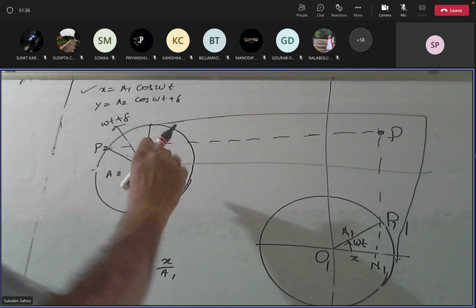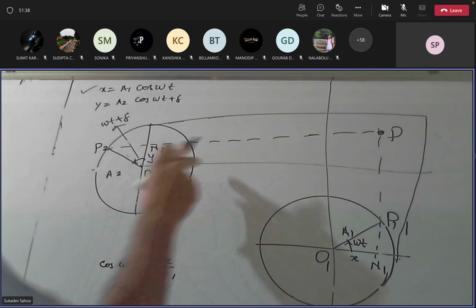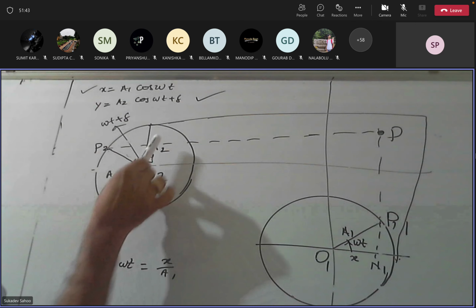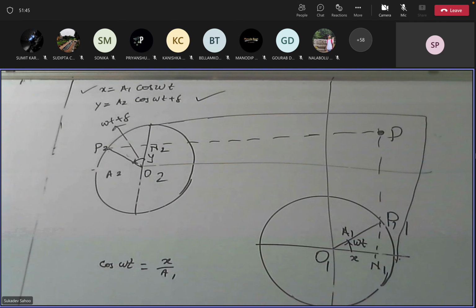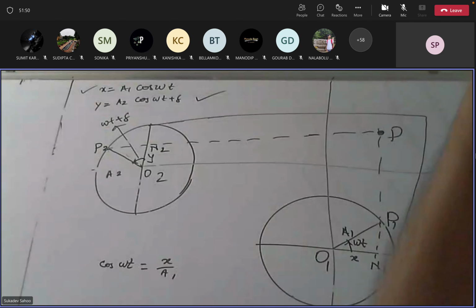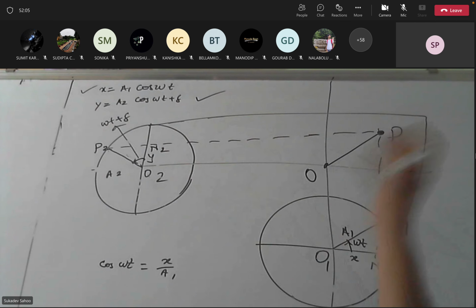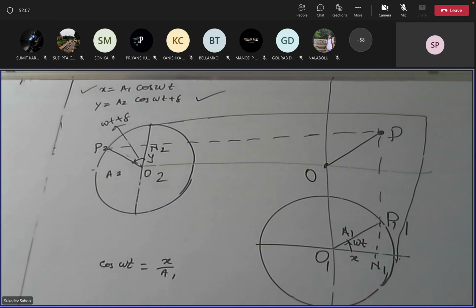Similarly, if the particle is acted on by only SHM2, then the motion of O2N2 represents the motion of the particle. Clear to this point? Now, when both SHMs act upon a particle simultaneously, we draw the perpendiculars and take their intersection P, and this is O. So OP will represent the resultant motion due to the superposition of these two SHMs on the particle at any instant of time.